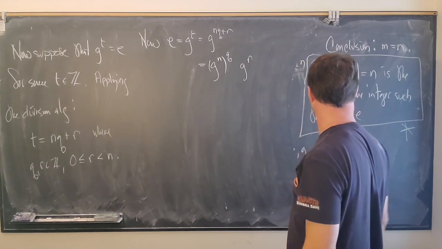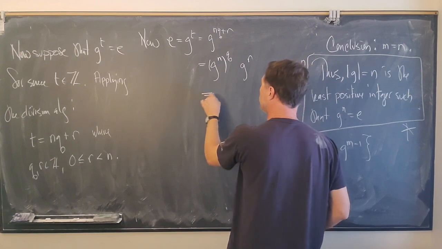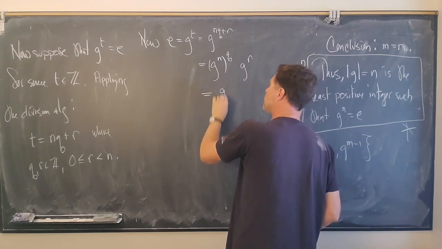Now what do we know about g to the n? Well, we know that g to the n is equal to the identity. So this is equal to identity times g to the r, which is g to the r.